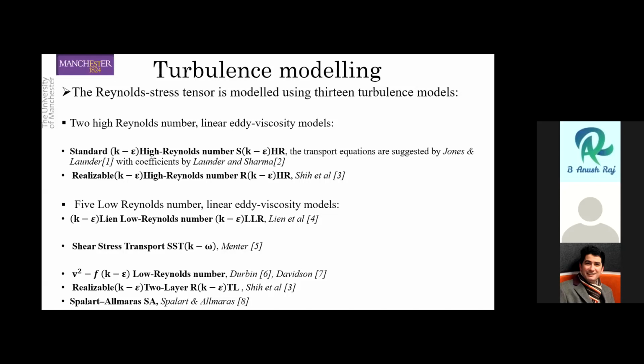The SST K omega model, this one, is designed to retain the near wall omega equation while removing its sensitivity to free stream turbulence by using a blending function to switch from K omega at the near wall regions to the K epsilon model away from the wall.